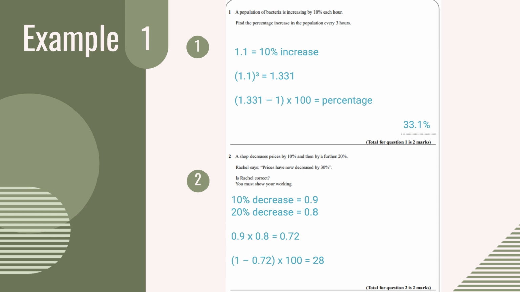So we're doing 0.9 times 0.8, and this gives us 0.72. Now, if we do 1 minus 0.72, as it's less than 1, then we times by 100, we get 28. So Rachel is wrong, because the prices would have decreased by 28% and not 30.